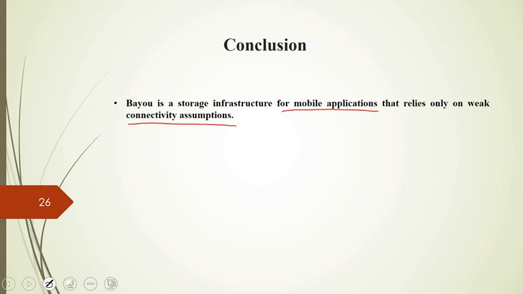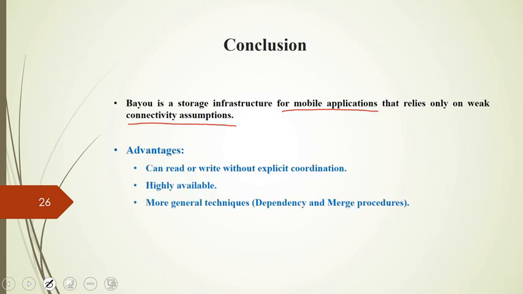Let us consider the advantages present in Bayou. Clients can read and write to any replica without any explicit coordination. The data is highly available, so Bayou will not mark conflicting data or the system as unavailable.